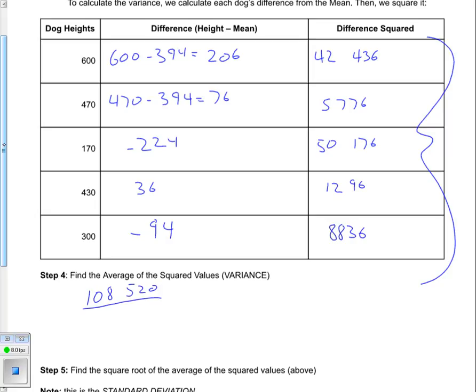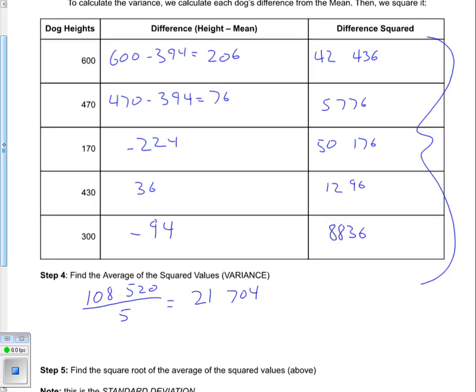We divide that by 5, and that gives us 21,704.